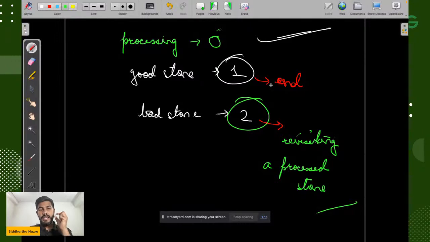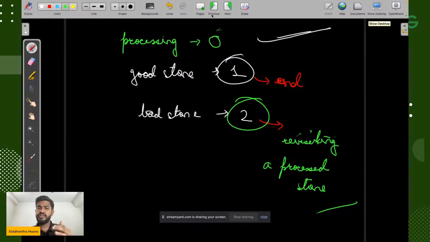If it is processing, then we would return 0, since this is the path we are processing. If it is a good stone and we reach the end, we would return 1. So we can simply say if the current index is equal to n, we would return 1. If the current node to be visited already has some value assigned, then we are revisiting it, so this means 2.